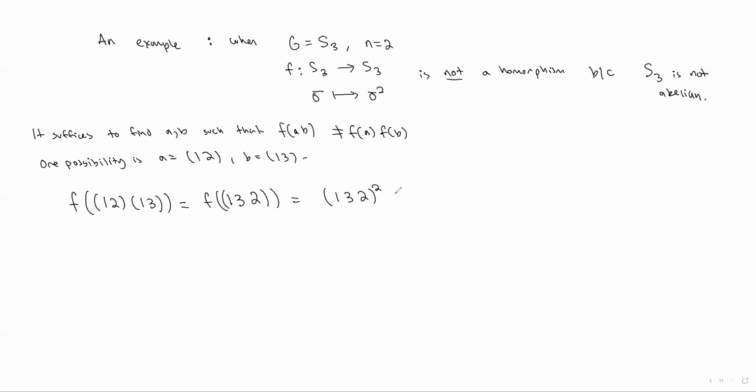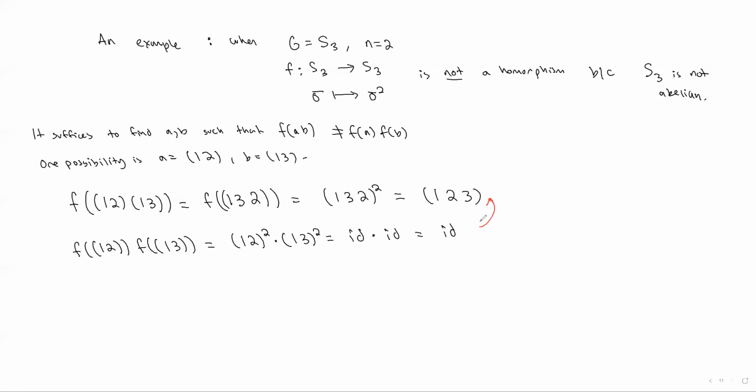So that's (1 3 2) squared, which is (1 2 3). On the other hand, f of (1 2) times f of (1 3) is (1 2) squared times (1 3) squared. Those are both 2-cycles, so when you square them, you get the identity. So it's identity times identity, which is the identity. So these are not equal, meaning f is not a homomorphism.